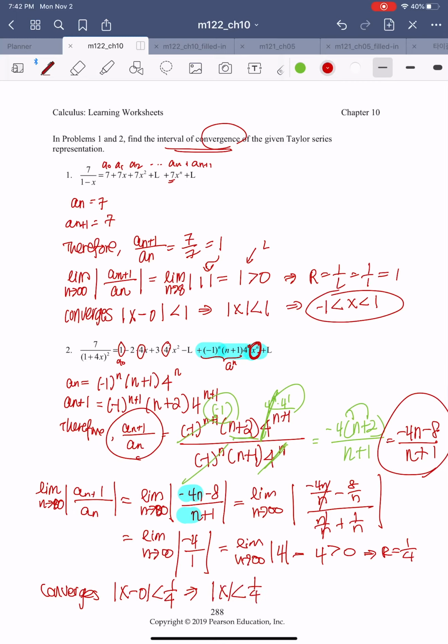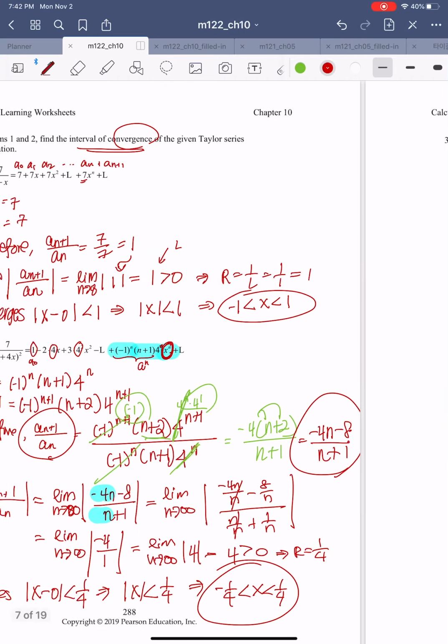To get rid of the absolute value, we set both negative and positive. So this will be your interval of convergence. So the polynomial only converges when x is between negative 1/4 and positive 1/4. Okay?